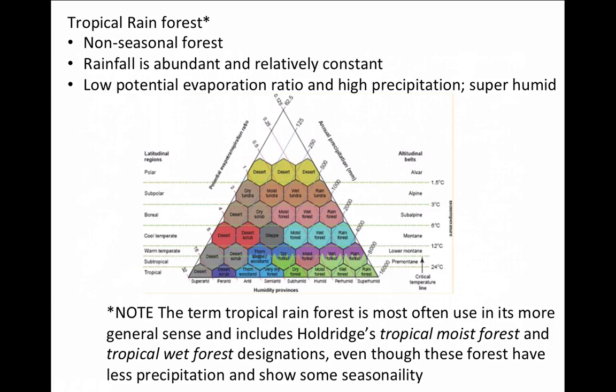So by Holdridge's definition, a tropical rainforest is non-seasonal. It's consistent rain year-round. But in actuality, in these other systems, you might find some seasonality, a wet and dry season. But they are characterized by having super humid conditions.